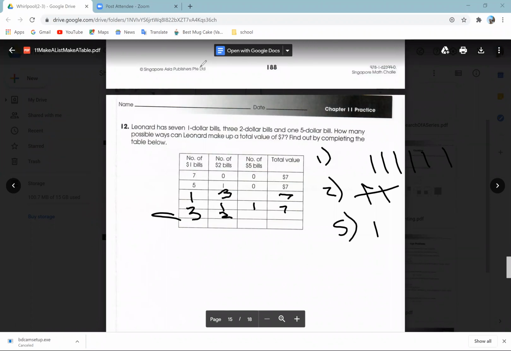Another way we can do it is another way we can do it is I think we might be missing the easiest one of all, which is 1 $5 bill, which is 5, right? 2 of those.